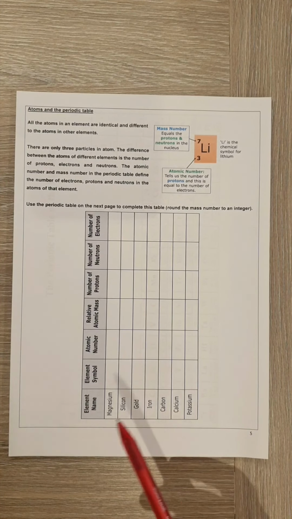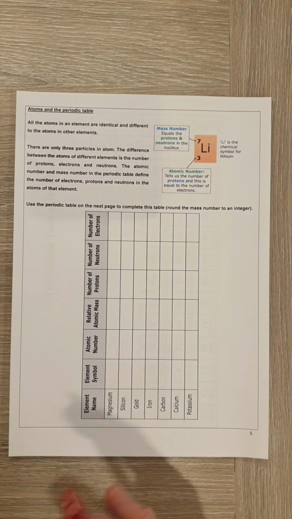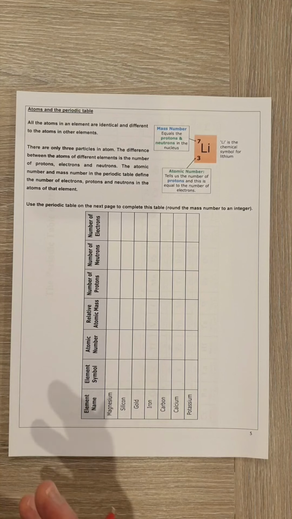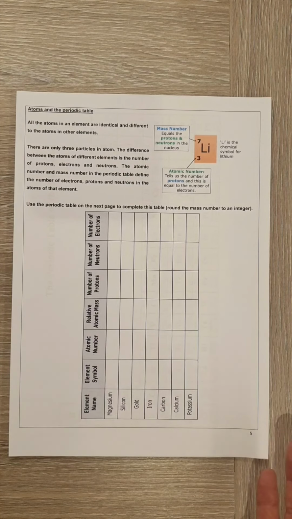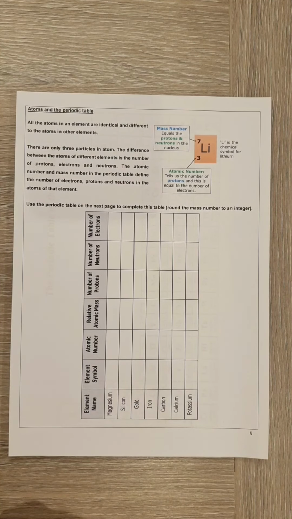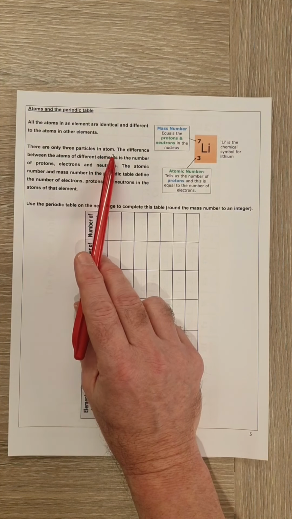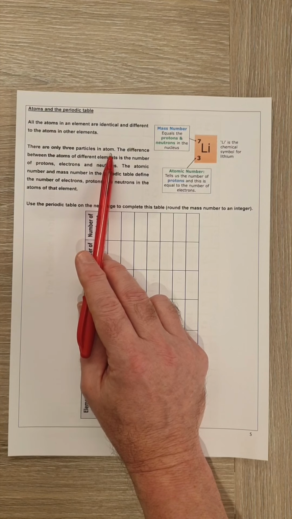So in other words, all the atoms of hydrogen are exactly the same, but they are different to the atom of, let's say, oxygen. All the atoms in oxygen are exactly the same, but they are different from the atoms of hydrogen. Now there are 3 particles that we saw in the atom: the proton, the neutron, and the electron.